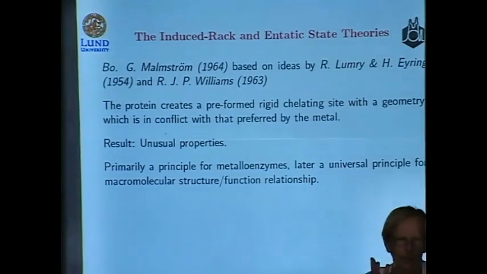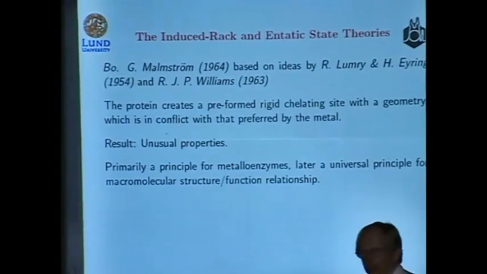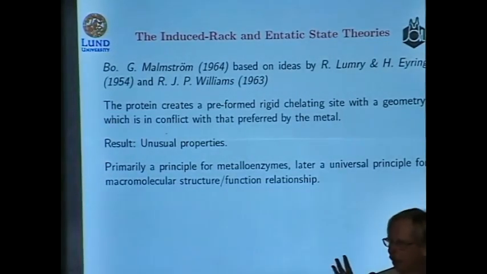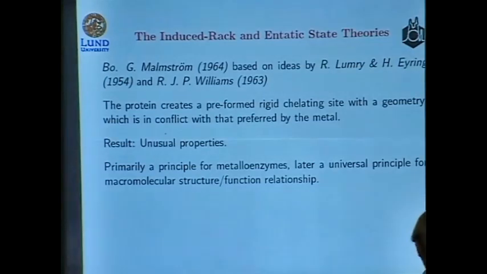But if you remember the protein, it's a rather firm, rather solid protein with only beta sheets. It's not very flexible. So you could really think that. In spite of the fact that the metal would prefer another geometry, it cannot, because of this rack, which is constructed by the construction of the protein.